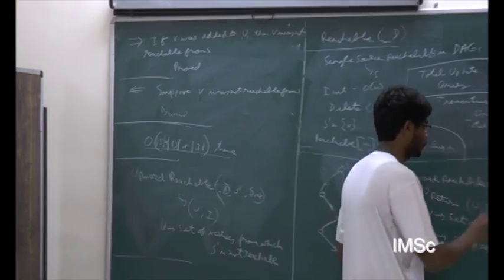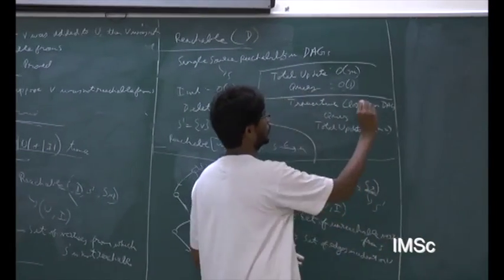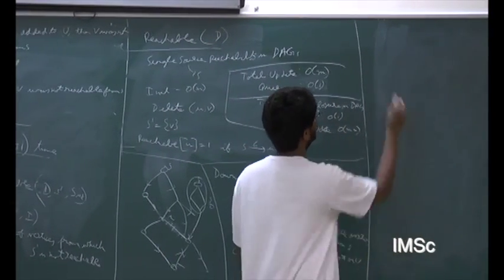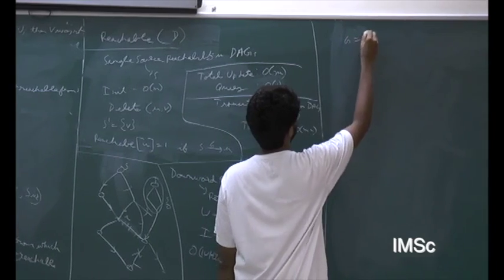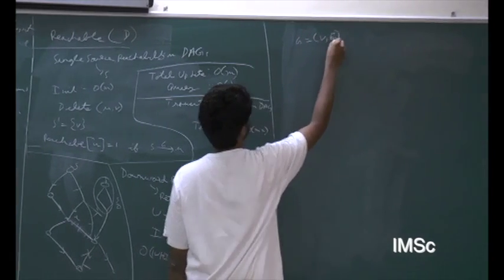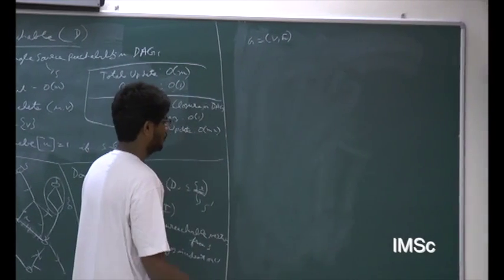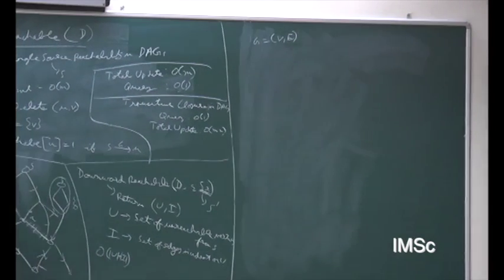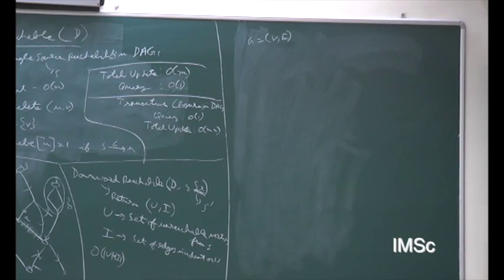Okay, some definitions. Now we have a graph G. What is condense of G?